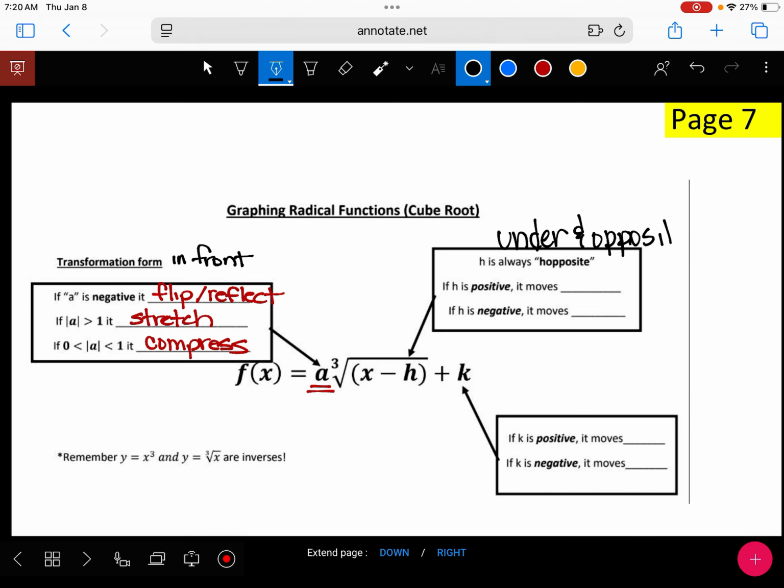So whatever you see is the opposite. So if you get something positive, it's going to move to the right. But if it's negative, it moves to the left. And lastly, you have K. K is in the backyard. If it's positive, it moves up. If it's negative, it moves down.